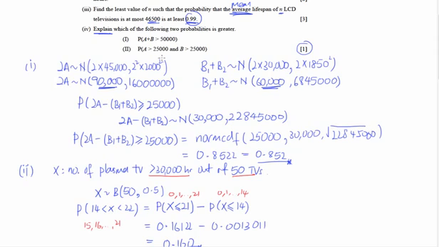You need to then understand that if you have A plus B, generally if you think in terms of sets, A plus B is basically here, the whole thing. So if A is more than 25,000 and B is also more than 25,000, when they add both together, obviously A plus B must be more than 50,000.